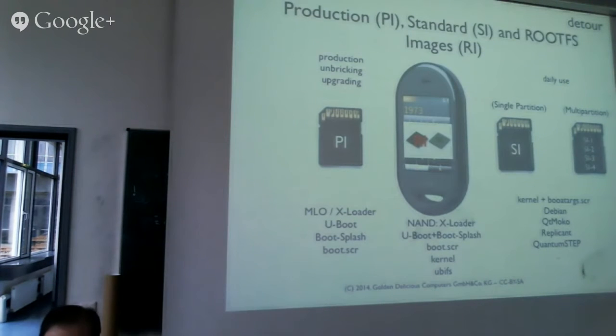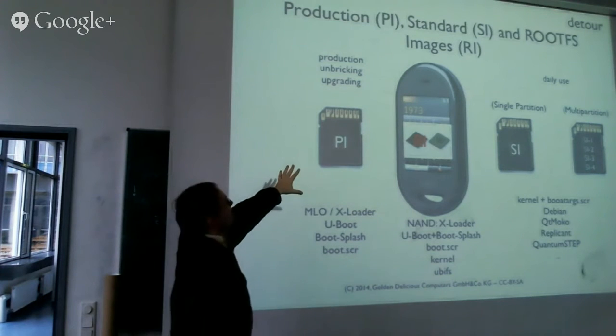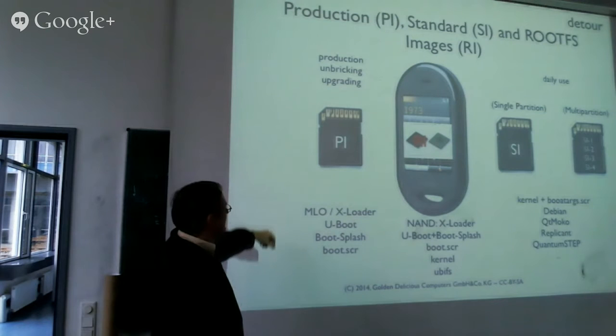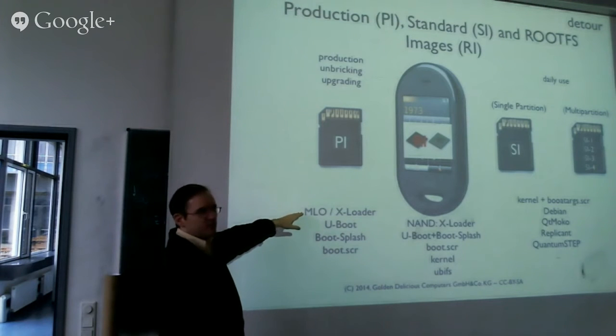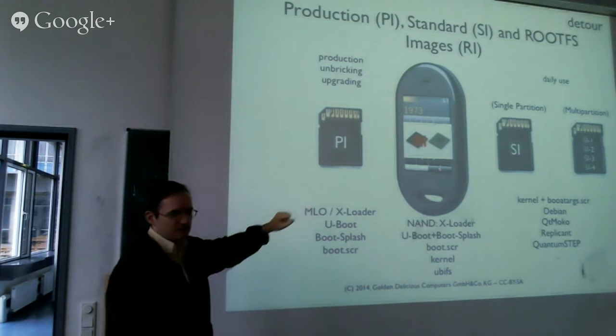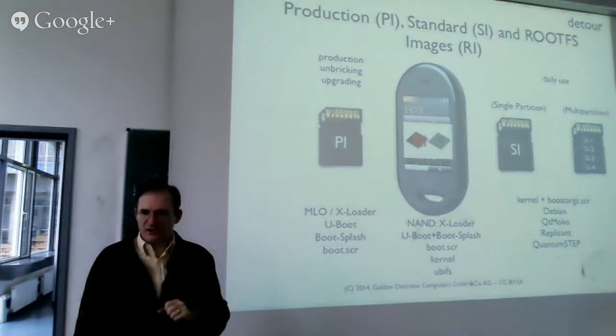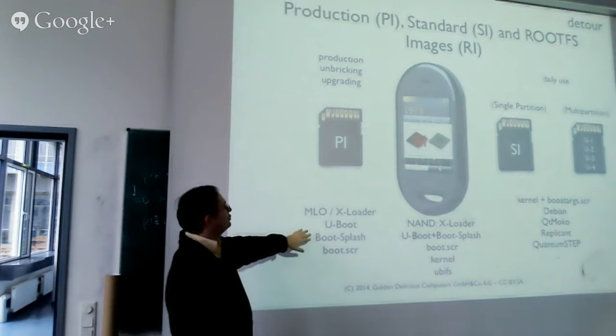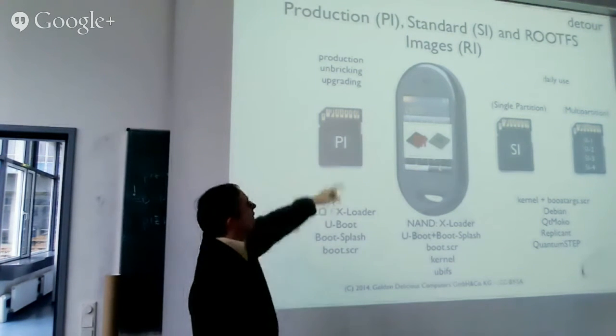So to summarize, or to show that in the picture again, the production image is used for production, for unbricking, upgrading. It comes with a bootloader, U-Boot, so that you can boot from the memory card, independently of what is inside, boot/boot script.